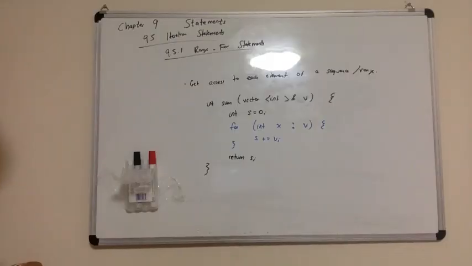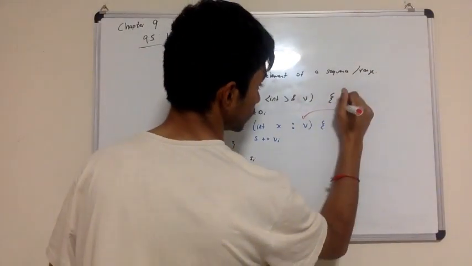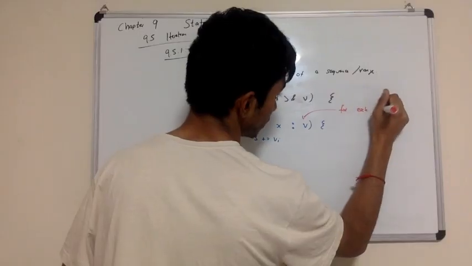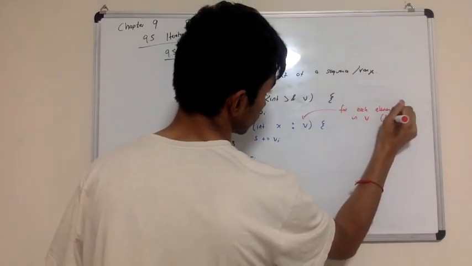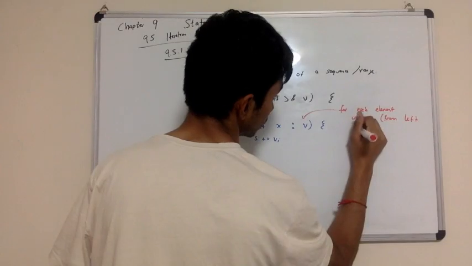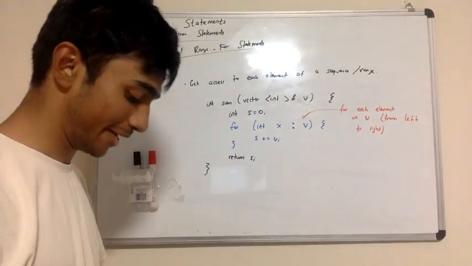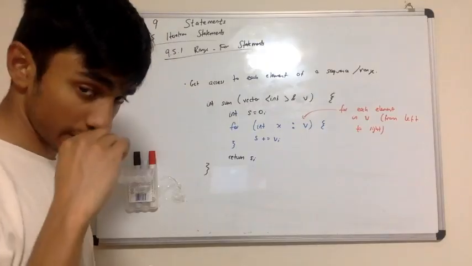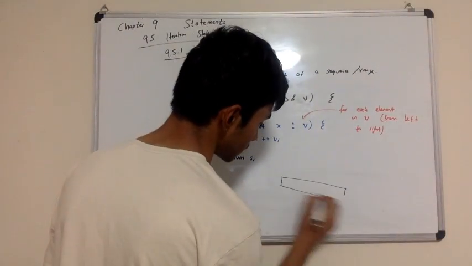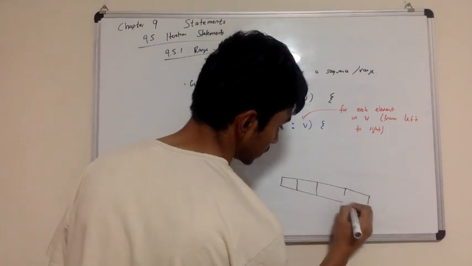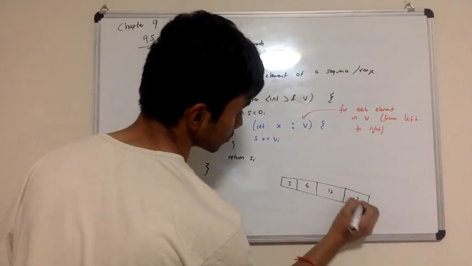The way to read this is essentially: for each integer element in v, from left to right, or more accurately, from lower address to higher address. Visually, we can model a vector like an array. So v might look like this: a couple of integer spots, 3, 6, 12, minus 2.